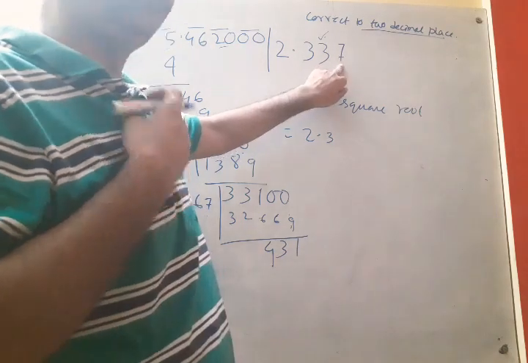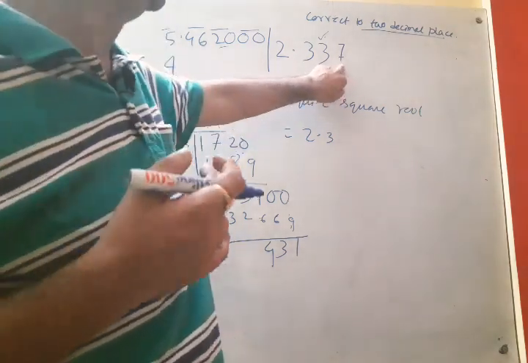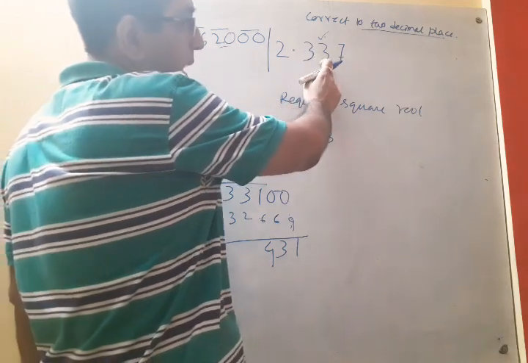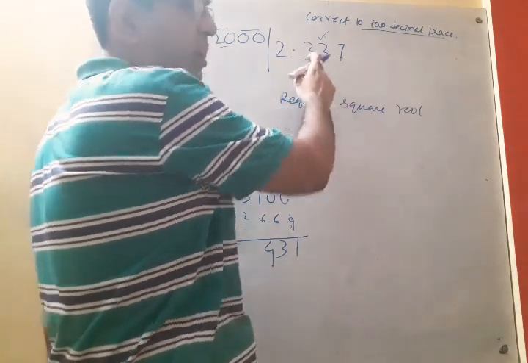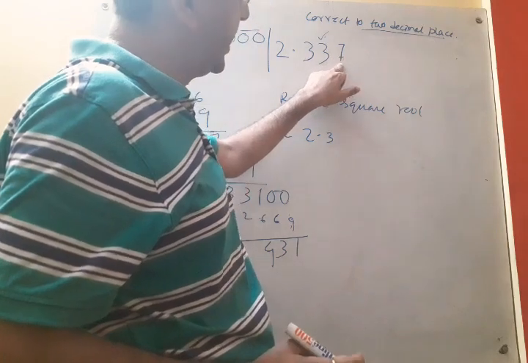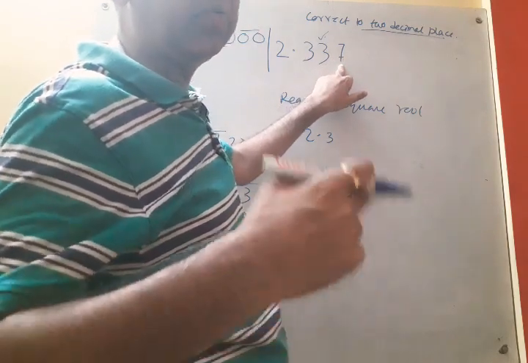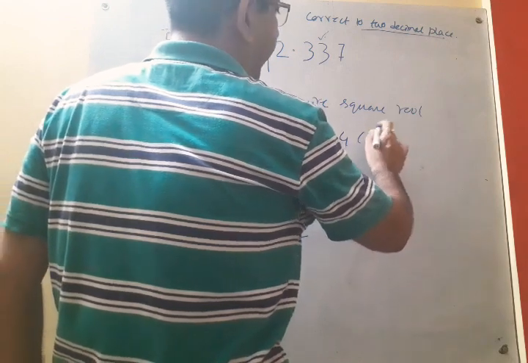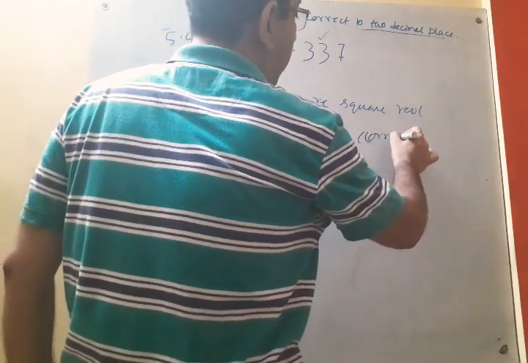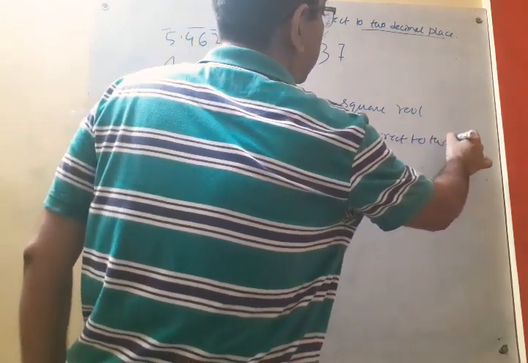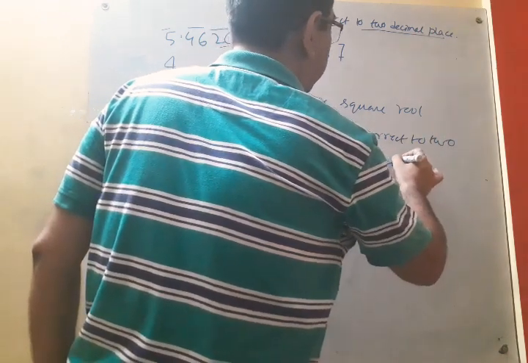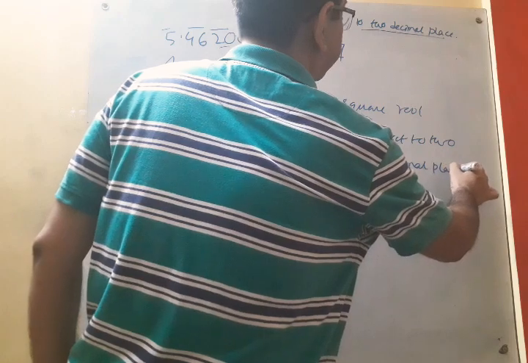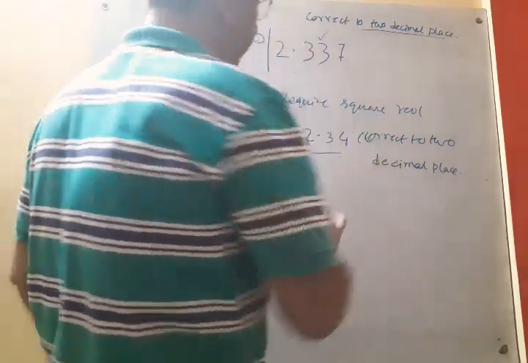So we will increase this 3 by 1 because here the number is 7 which is more than 5. So we write here 2.34 correct to 2 decimal places, right? So this is the answer.